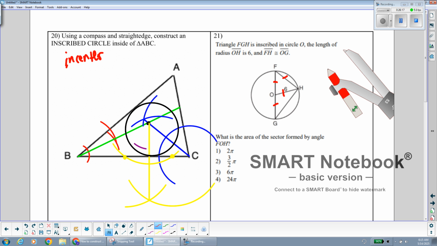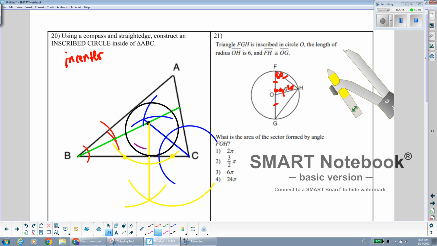So what we can see here is that triangle FOH is equilateral. And that means that each of the angles in this triangle are 60 degrees. 60, 60, 60. That looks really small.